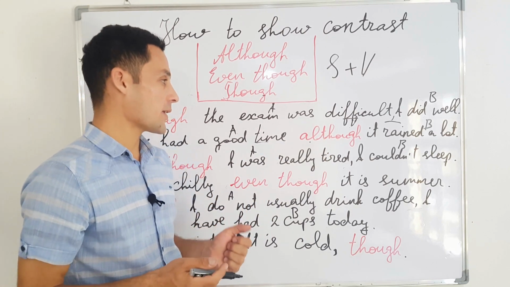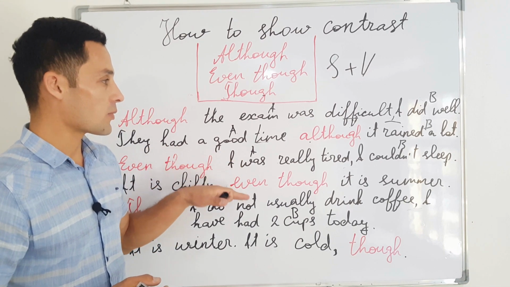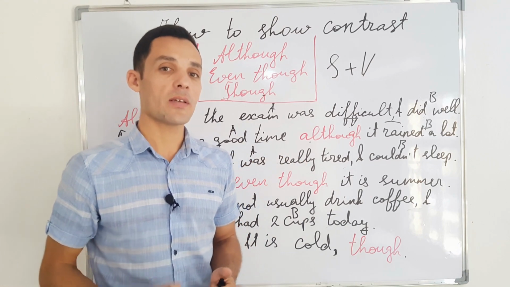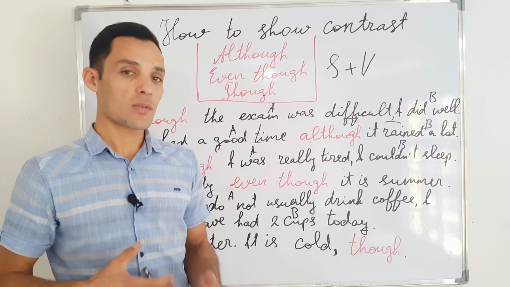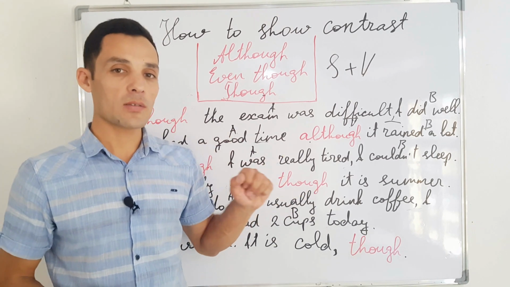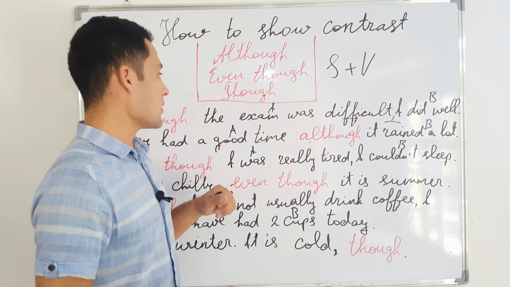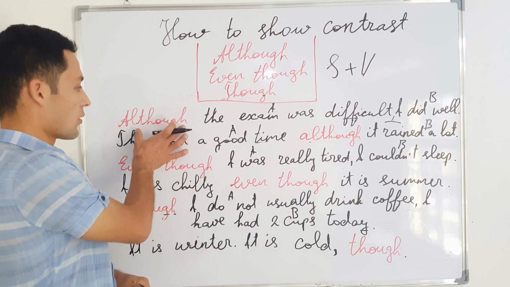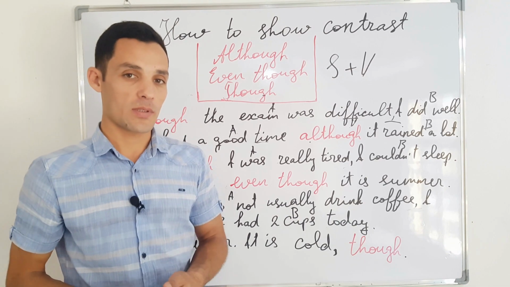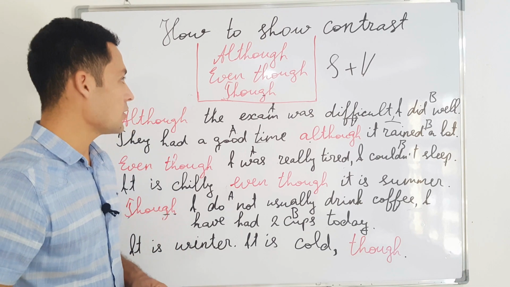We expect that if it's raining a lot, people could not have a good time, but it's an unexpected result, it's contrast, so we use although. So you see, we can use although and though in the middle position or in the first position. So I hope you understood up to now, and let's continue.